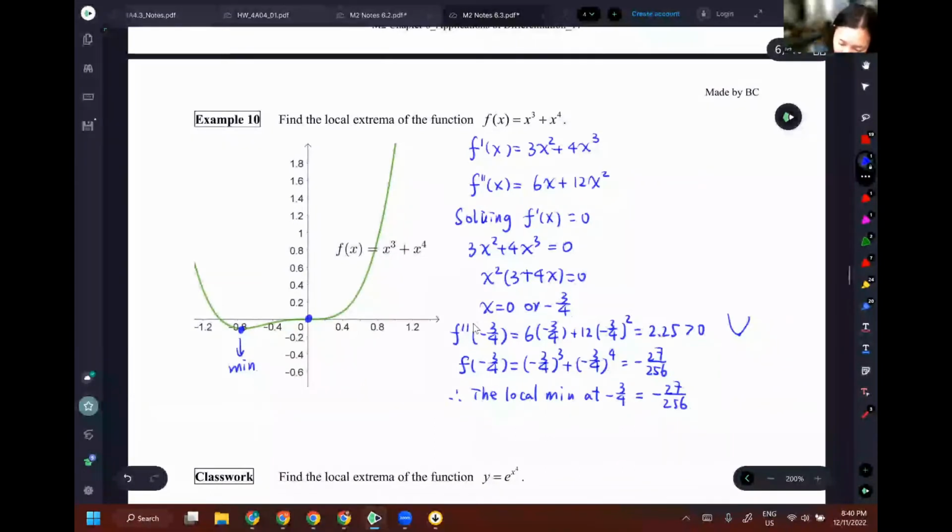The other one, f double prime at 0, is equal to 0. What does that mean? Is it a maximum, a minimum, or a saddle point? We don't know. Some students think, oh, if it's 0, then it's a saddle point. Like I said just now, it could be anything. So you have to do the first derivative test.